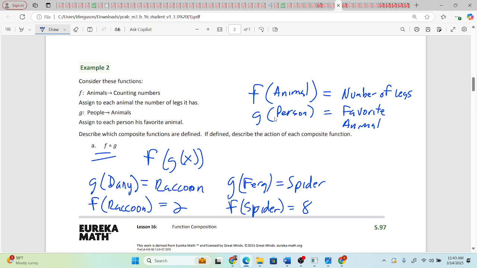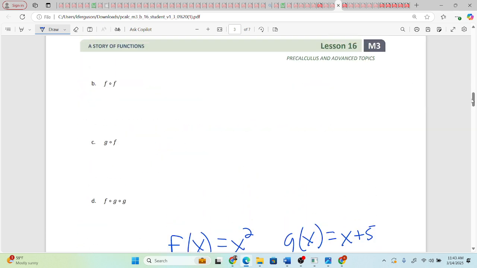If I said f of g, that means I need to give the function a person, and then it's going to give me a number of legs of their favorite animal. That's what that does. Now, I'll just cut to the chase that these other ones are not possible. Like f of f. f is I plug in an animal, I get a number of legs.